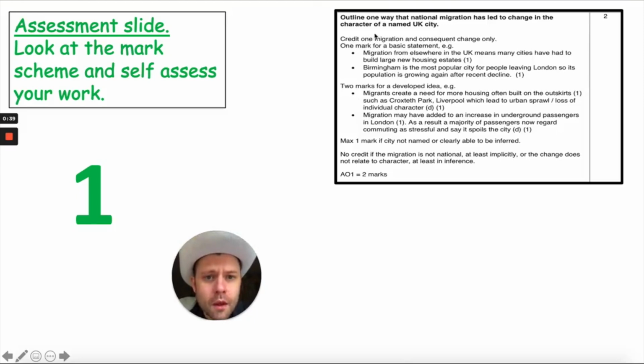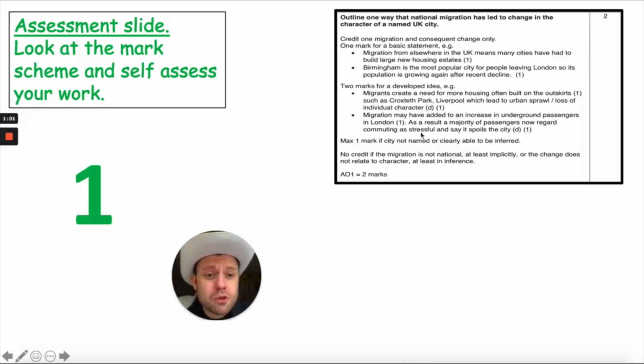So, migration from elsewhere in the UK means many cities have had to build large new housing estates, and as a result, urban sprawl has taken place. So the city has spread out, and this means that surrounding greenfield sites have had to be built on.